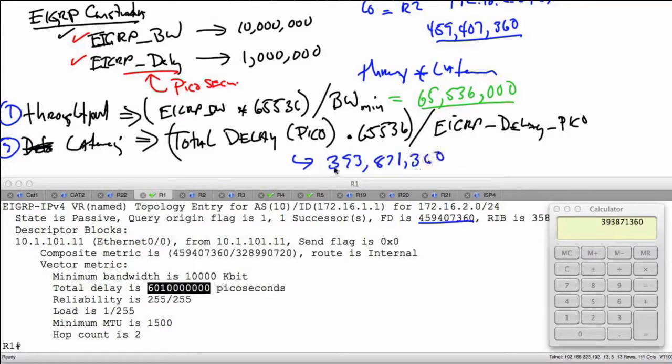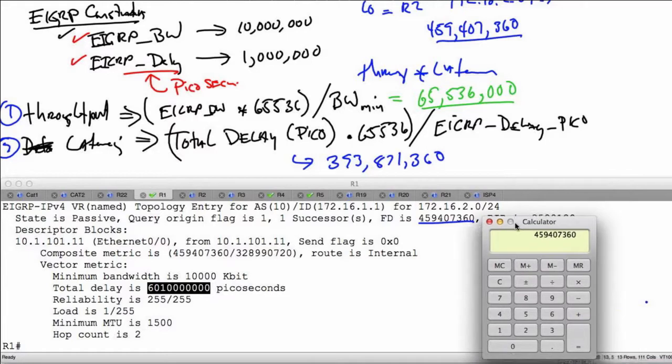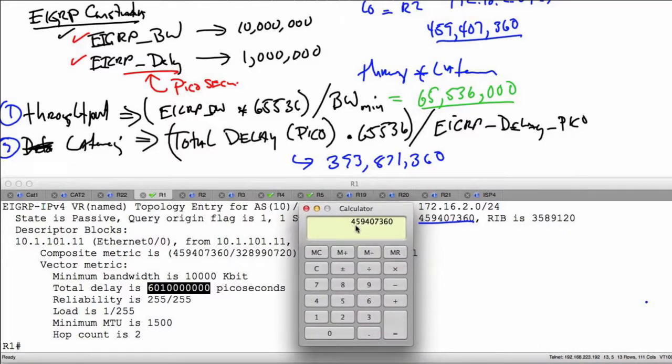When I take 393,871,360 and add 65,536,000 and hit enter, I get a metric computation of 459,407,360.